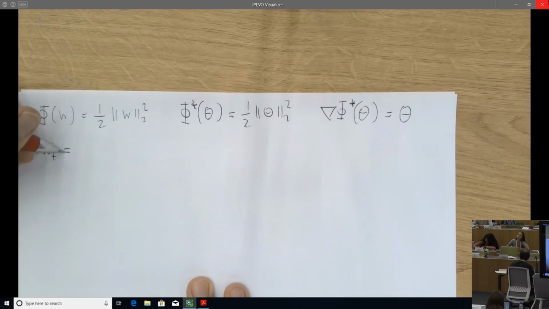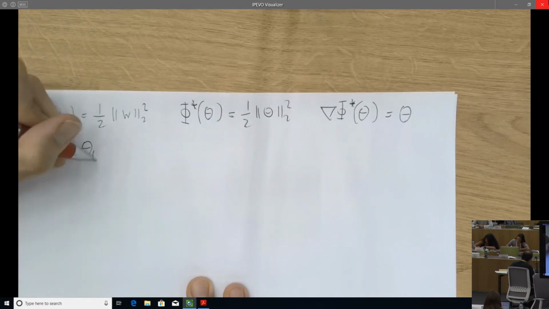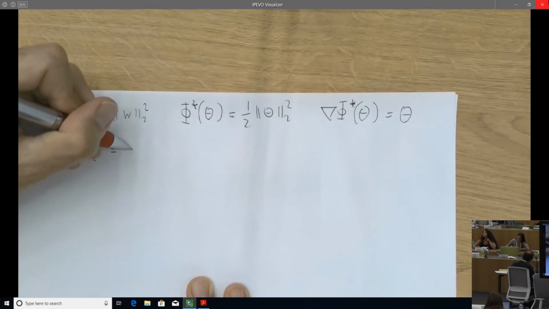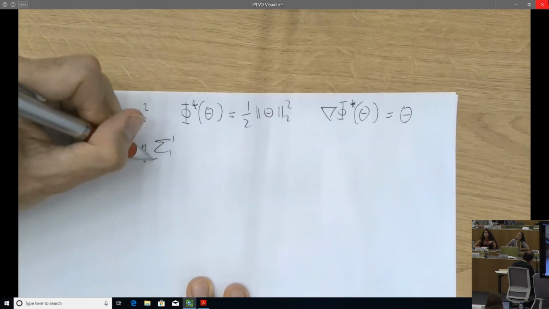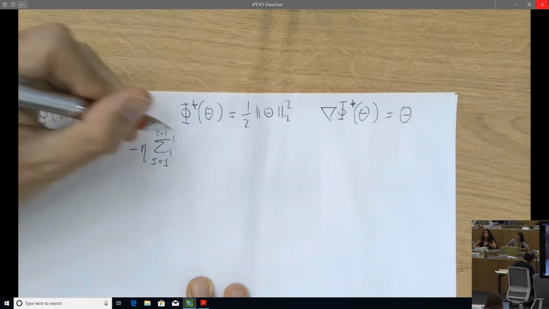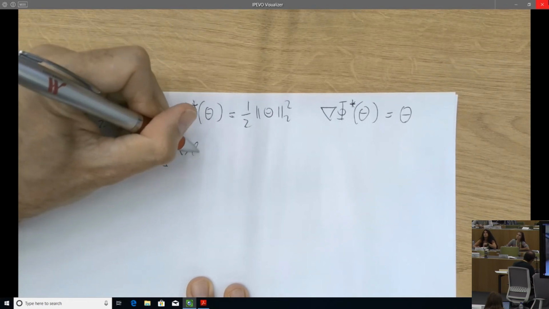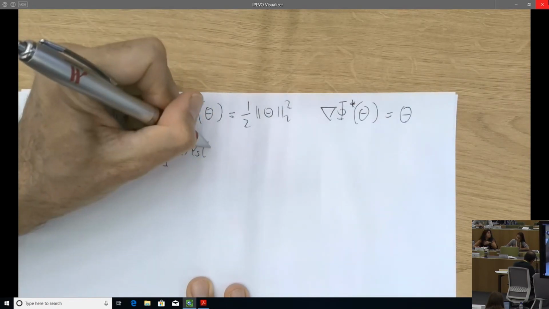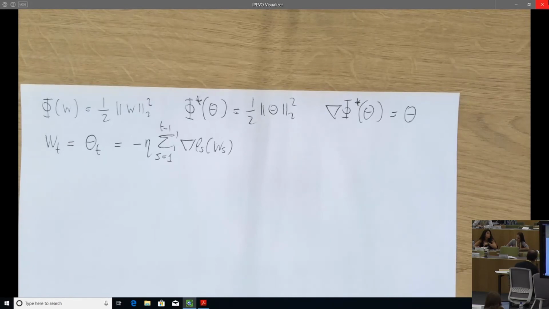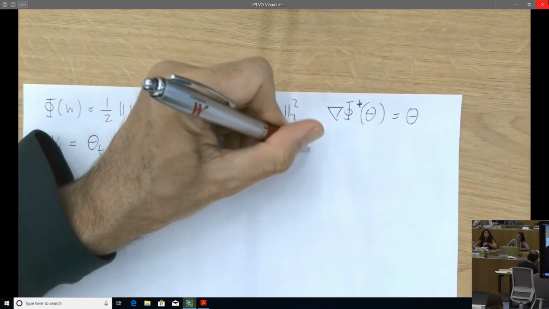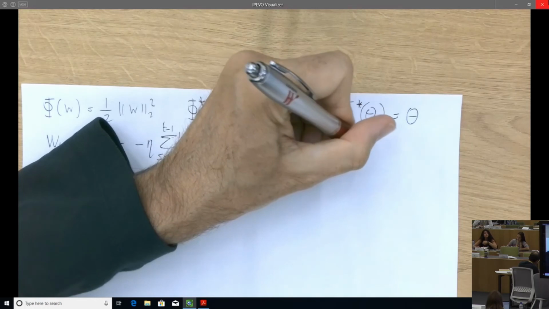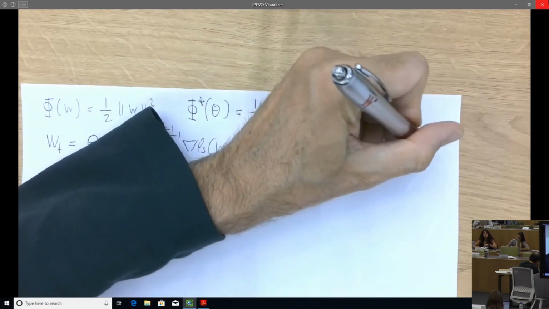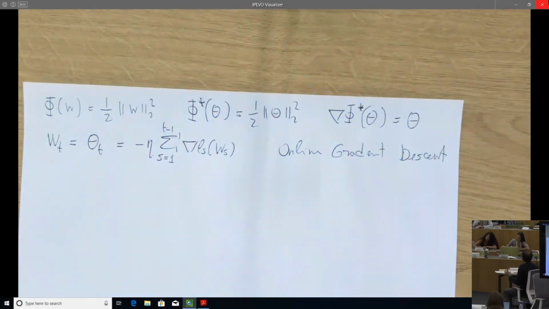W_t is equal to theta_t, which is equal to minus eta times the sum from s=1 to t-1 of the gradients of past losses. So this is online gradient descent, which corresponds to stochastic gradient descent when I draw losses from a bunch of examples.